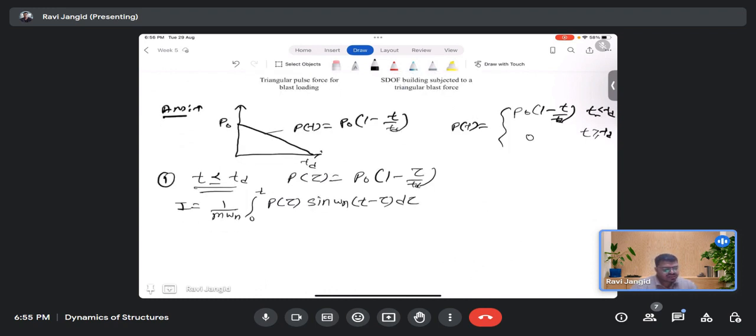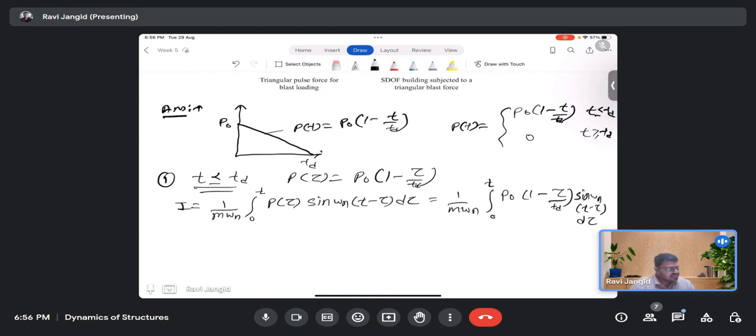If I put the value in this, integral from 0 to t of p naught into 1 minus tau over t d into sine omega n (t minus tau) d tau.